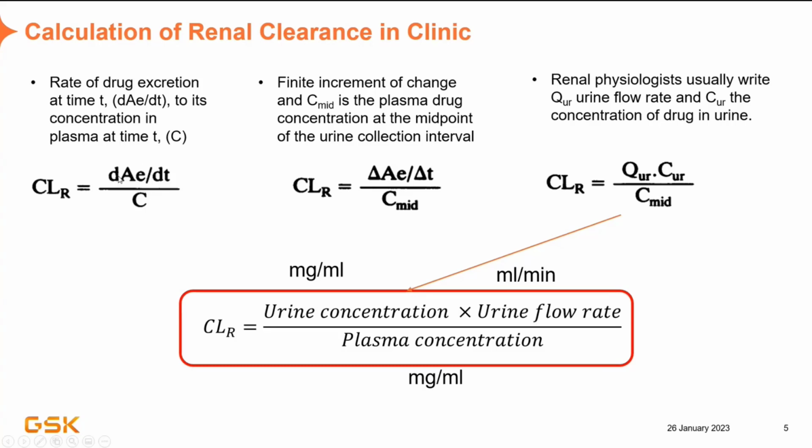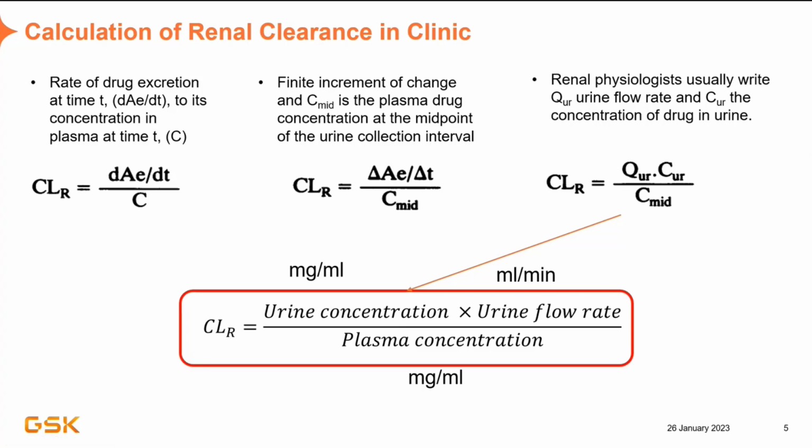But because at the time t it cannot be measured at the same time, they usually look at the delta over a period of time, and then measure the plasma concentration as a median of that interval. So they do the urine collection during a certain period of time at different times for the duration of the study, and then they measure the median concentration between the two points.